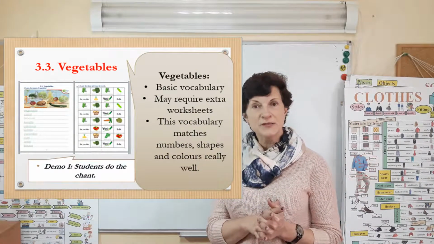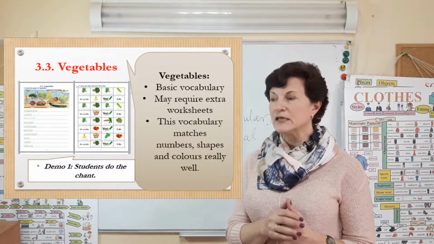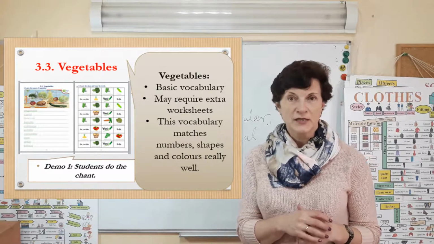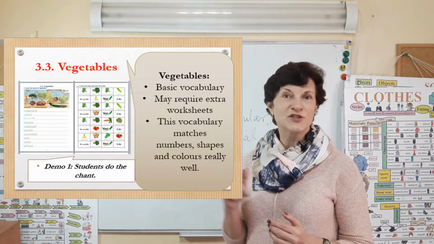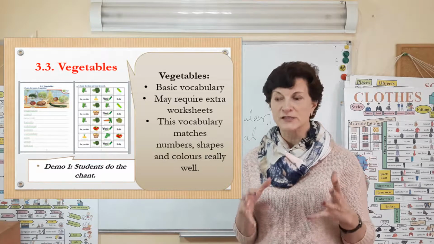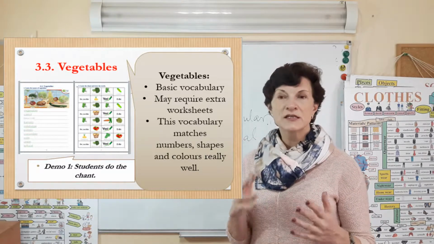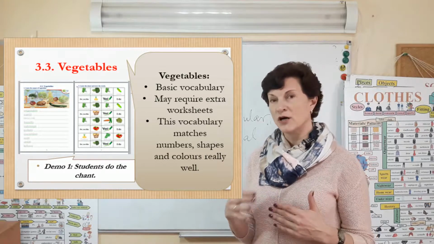Again, vegetables as a vocabulary may require extra worksheets. This is not the topic that is learned quickly, but owing to the chant that you will hear how our students do it, the kids learn it much better. So please watch how they do the chant.